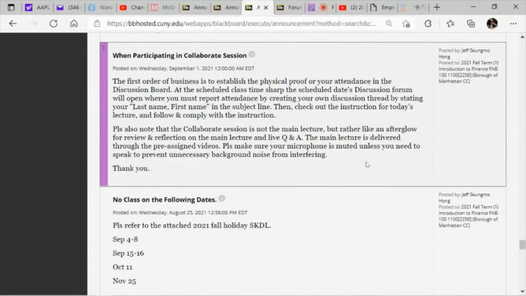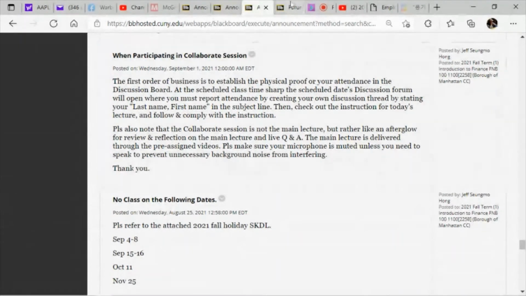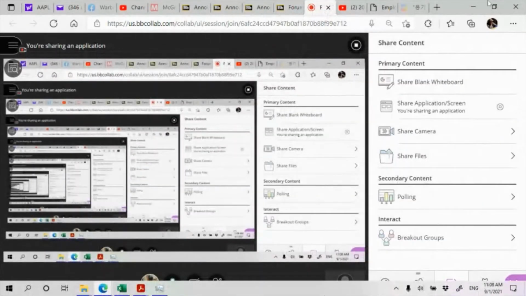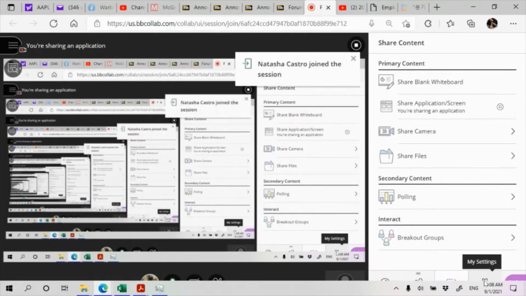So please make sure your microphone is muted unless you need to speak, to prevent unnecessary background noise. All righty, keep in mind that the first thing you need to do is to report attendance, because if your attendance report is missing, I wouldn't know if you were there.